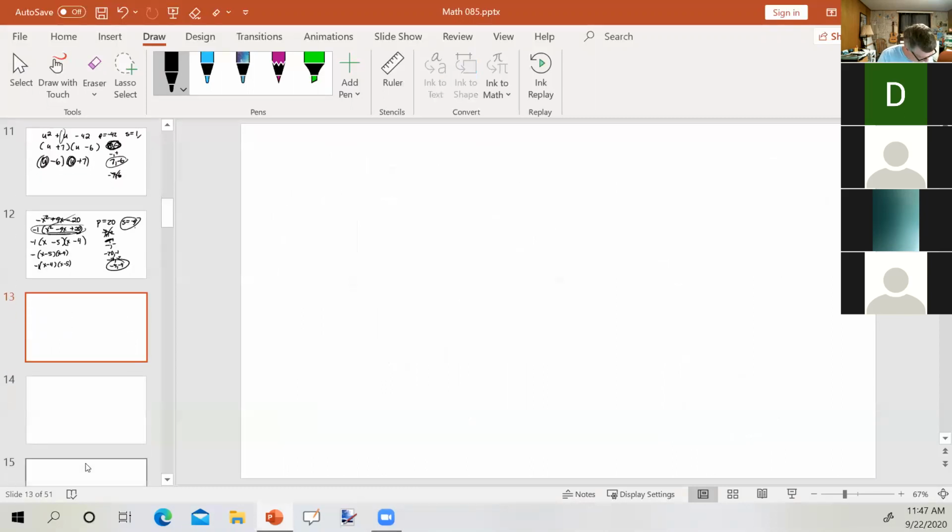Let's see here. Let's take a look at this one. A squared plus 6ab plus 5b squared. Well, this is a trinomial. It is in standard form in terms of the variable a.